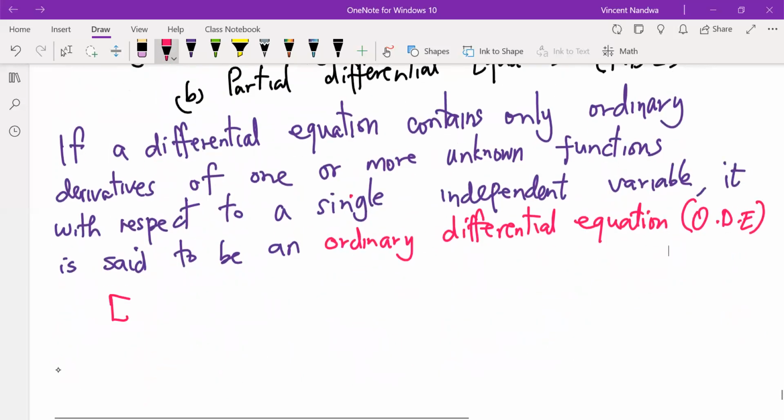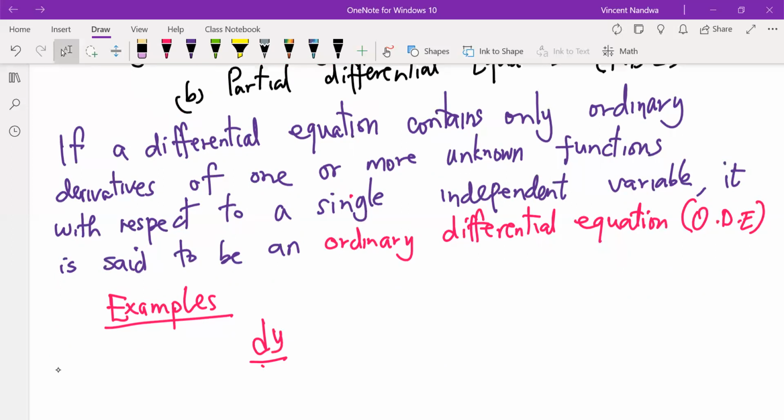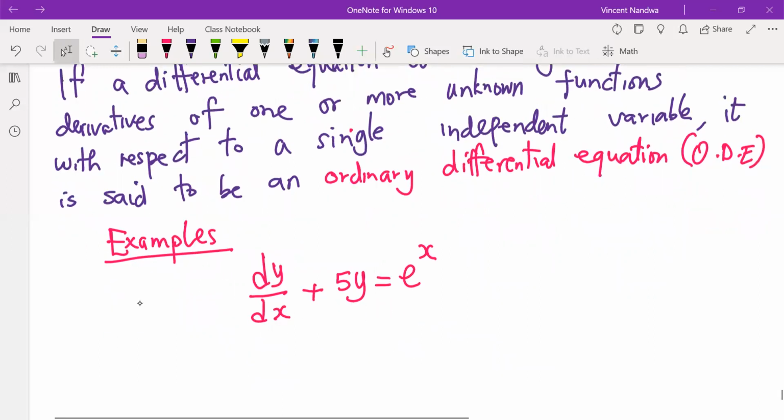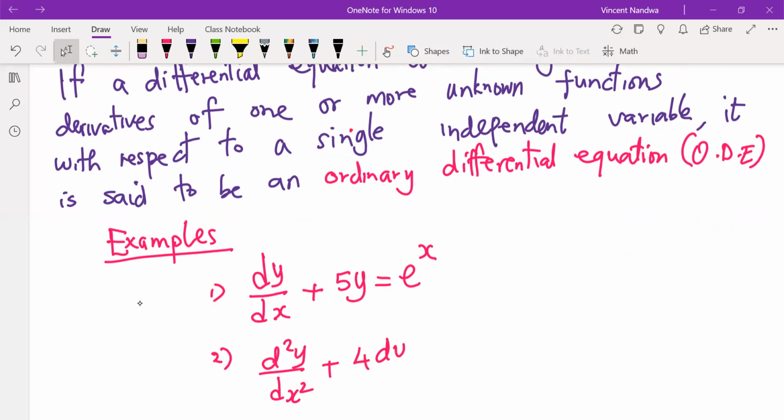So examples. We can have dy/dx plus 5y equals e raised to the power x. Or we can have d squared y/dx squared plus 4 dy/dx plus 6y equals 0.